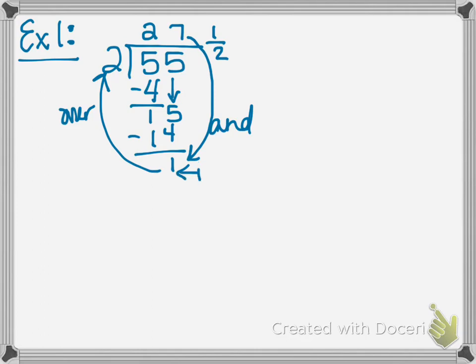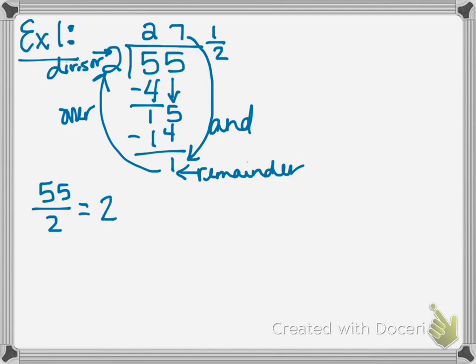So the remainder, which is the 1, goes over the divisor, which is the 2. So we could even write this as a fraction and say 55 over 2 is equal to the mixed number of 27 and 1/2. And you can think of this kind of as a popcorn.